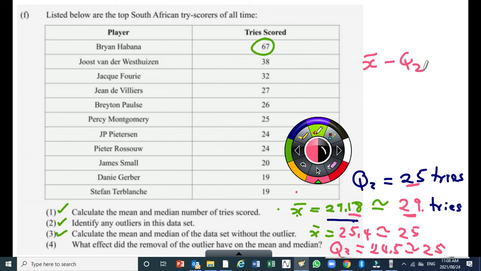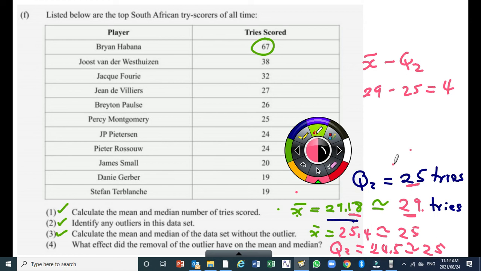If this is positive, like in this case, 29 minus 25 will give you a positive 4, which means if we include the outlier, the data set will be skewed to the right. So to eliminate that skewness, we remove the outlier, and then we end up having data that is almost symmetrical.